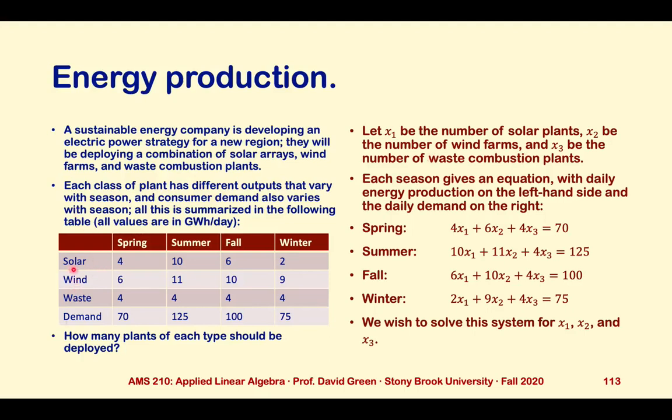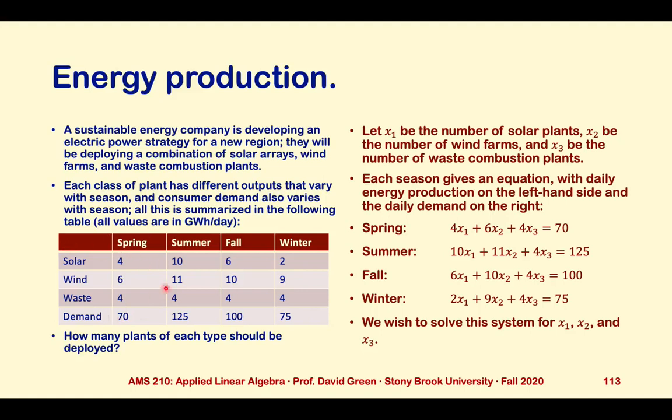If we take a look here, each row corresponds to a variable, with the exception of the last one. Now, how can we summarize all of this data and what we're trying to satisfy in equation form? Well, in each season, we have different production levels per plant and a demand.